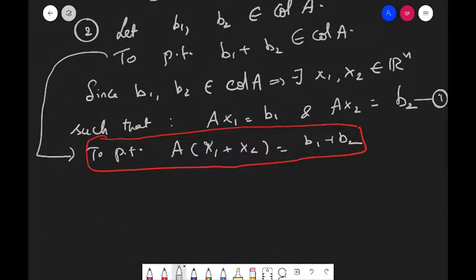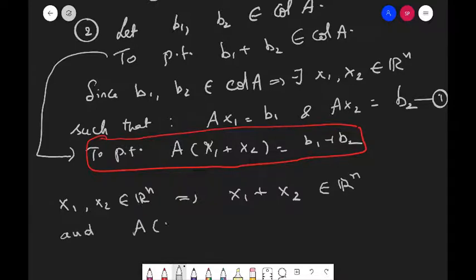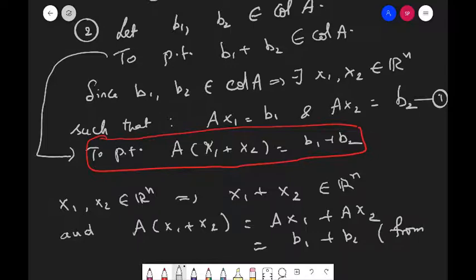Then x1 plus x2 also belongs to Rn, and A into x1 plus x2 is equal to Ax1 plus Ax2. Now what is Ax1 plus Ax2? It is b1 plus b2, from equation 1.